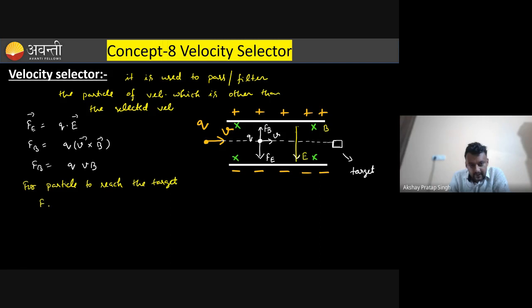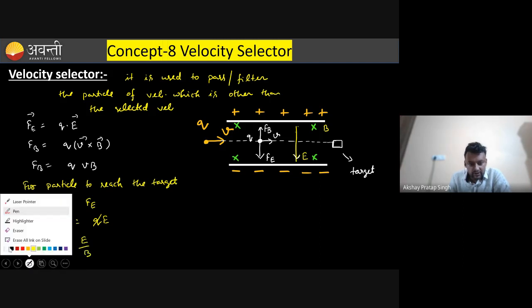That means the magnetic force must be equal to the electrostatic force. As we have seen, the direction is already opposite, so we don't need to deal with this. So for magnitude, if I equate, QVB is equal to QE. And if you cancel Q, the velocity of the particle is equal to E over B.